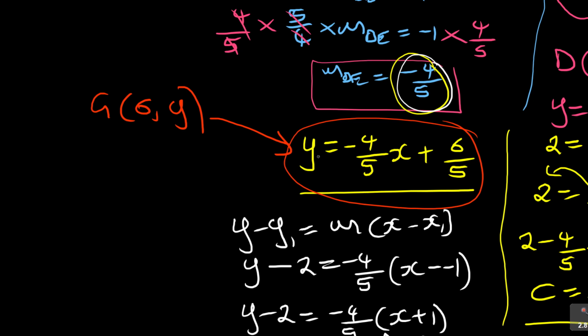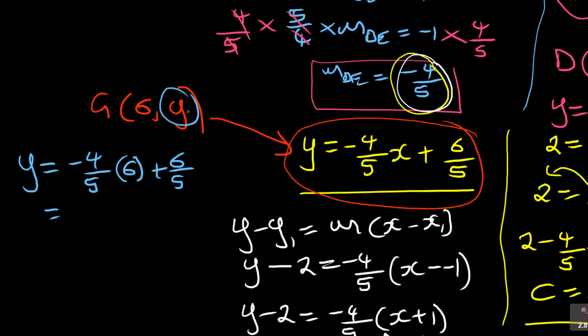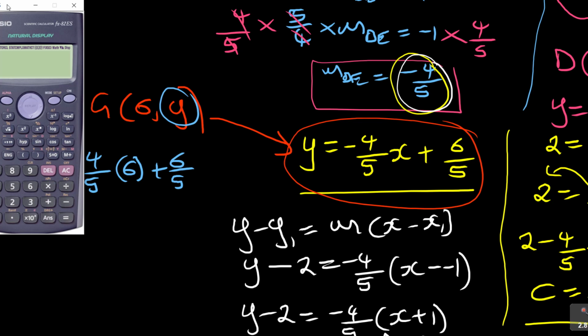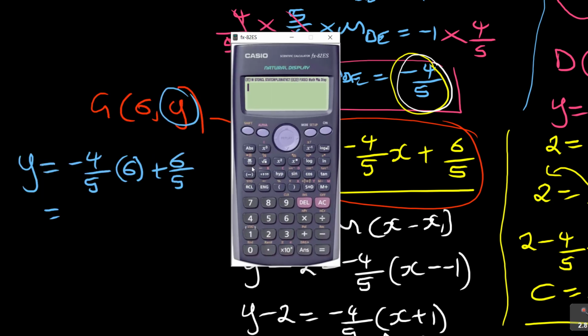So in here, you're going to say y is equal to minus 4 over 5 times x, and for that x you put 6 now. Plus 6 over 5. Then that gives you the y value. You can use a calculator here, and then it was a matter of substituting. So it's negative 4 over 5 times 6 plus 6 over 5.